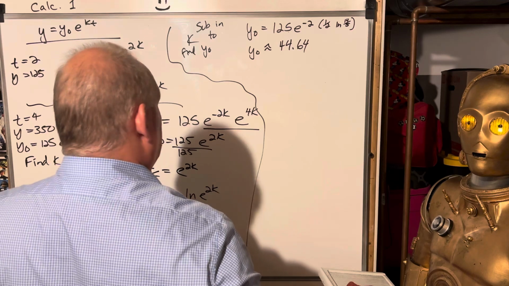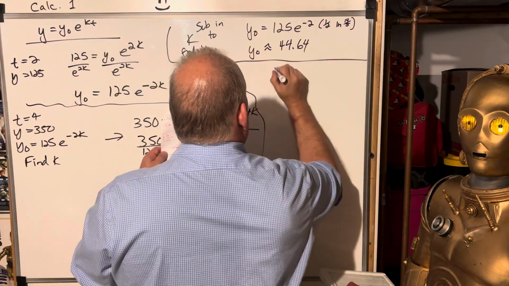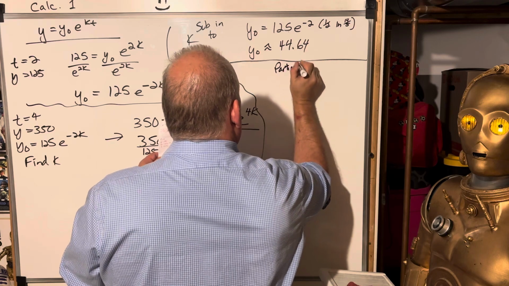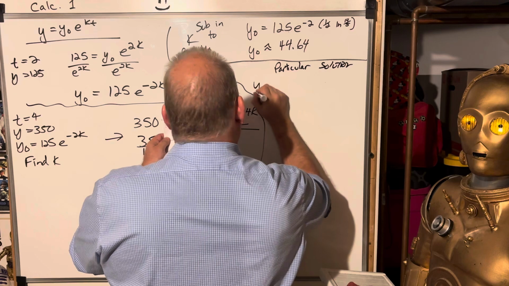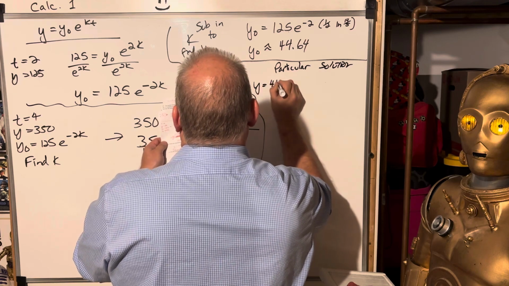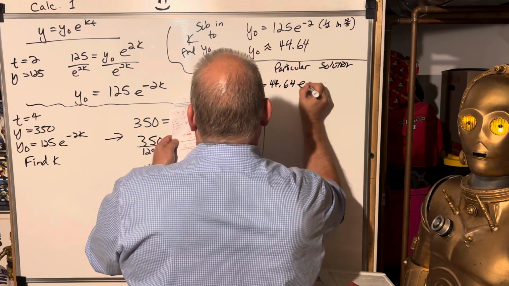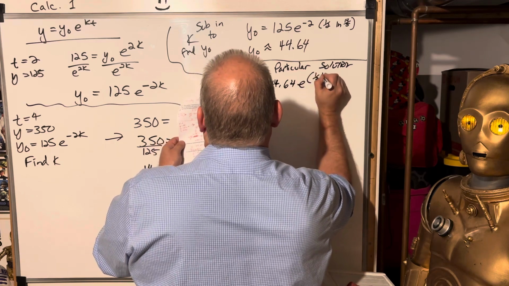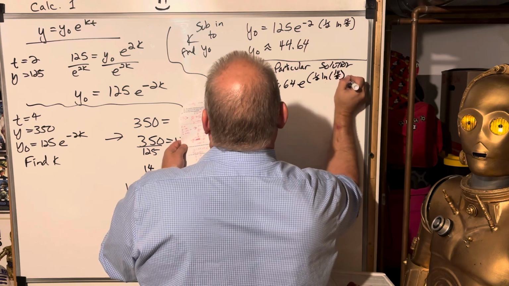All right, so what does that look like? Our particular solution is y is equal to our initial 44.64 e to the 1/2 ln 14/5 t.